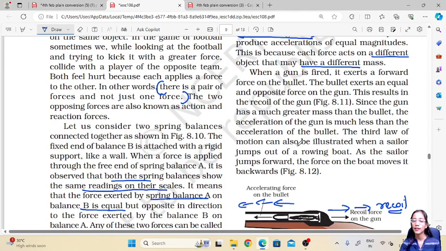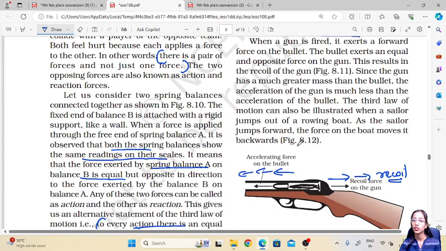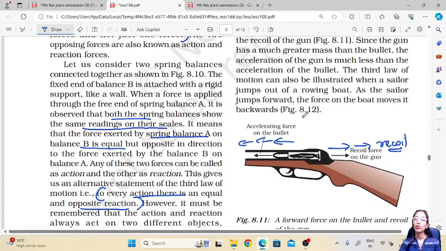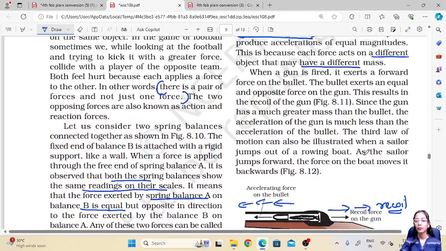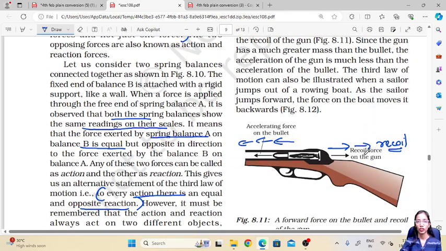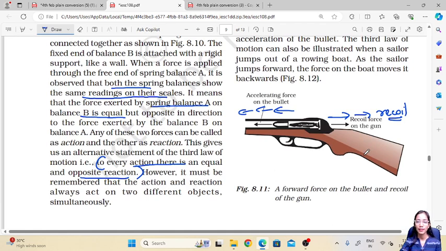Since the gun has a much greater mass than the bullet, the acceleration differs. Now both have force, right? The bullet also has a force and it exerts an opposite force on the gun, which causes the recoil of the gun. But both have different accelerations. Which one has a higher acceleration? The bullet has a higher acceleration, because of which it goes with a very high speed and hits the object.